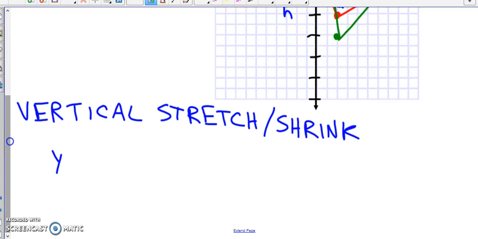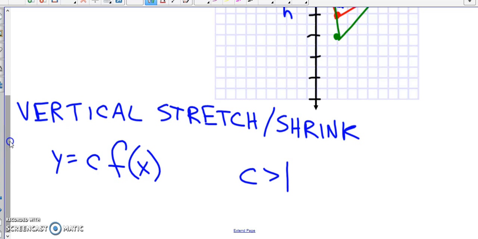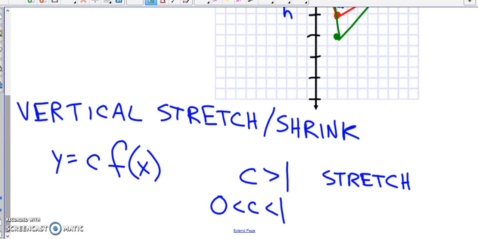So if I have y equals c times f of x, if c is bigger than 1, then that's a stretch. If c is between 0 and 1, that's a shrink.